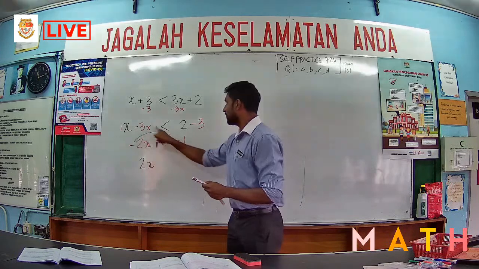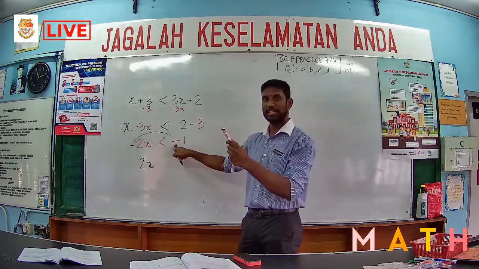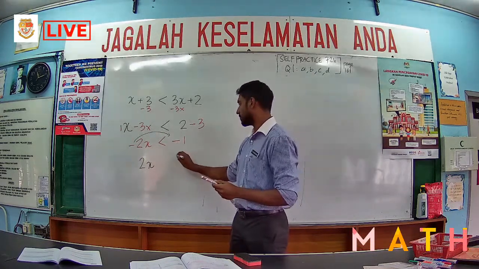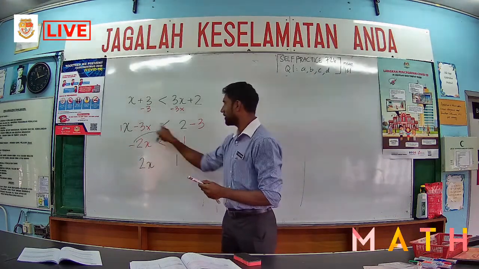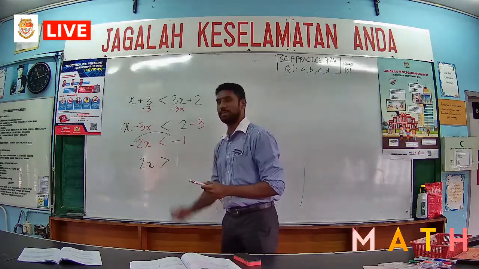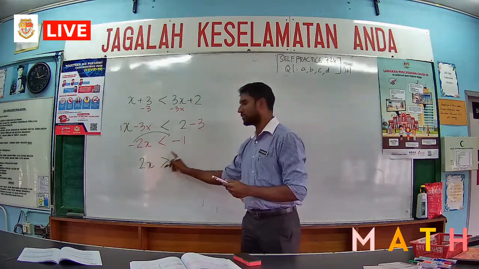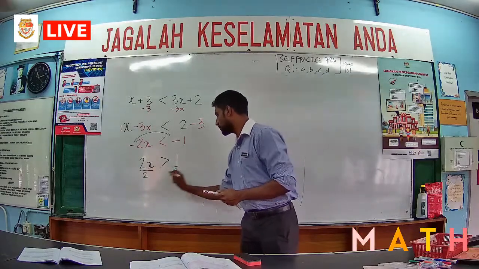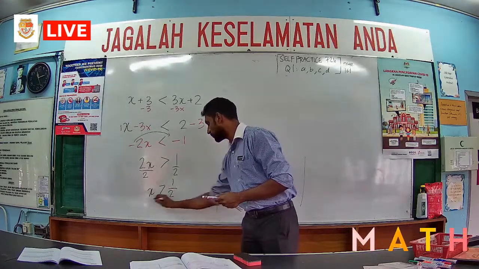Now, negative times negative, the first idea of rational numbers: negative times negative, the answer becomes positive. But again, the symbol, when you change the negative, it becomes more than. So now 2x more than 1. We are going to divide by 2, so the answer will be x more than 1 over 2.